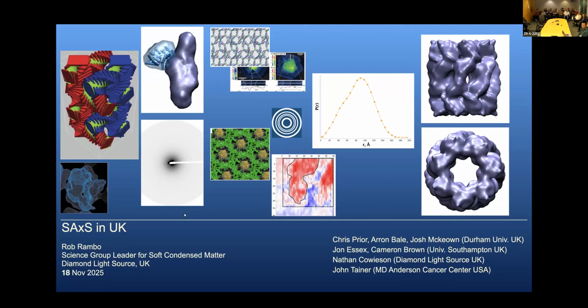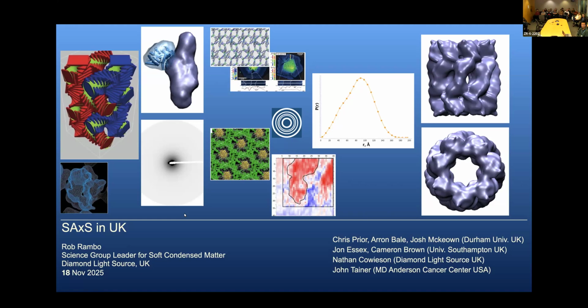Okay, so thank you. I don't do SAXS beamlines anymore. Yeah, promoted to admin, so I do a lot of Excel sheets. Anyways, this work is kind of inspired by the last couple of years in AlphaFold and all that stuff. And it's a collaboration with Chris Pryor, who's up at Durham.